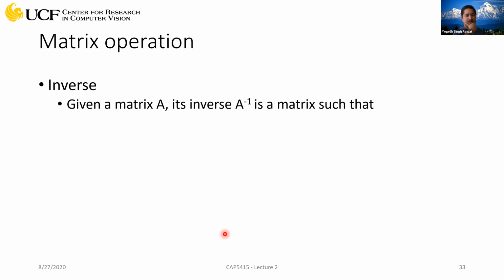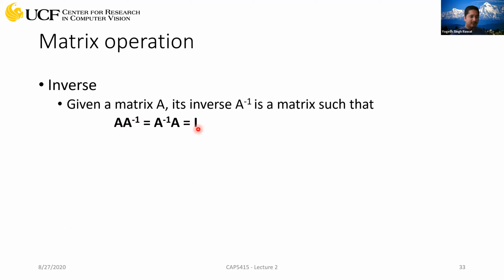Okay, so this is another interesting topic, something which I think you will face when you compute eigenvectors and eigenvalues. Now, inverse of a matrix is denoted by this negative sign, and what it means is if you multiply a matrix with its inverse, then you're going to get an identity matrix.